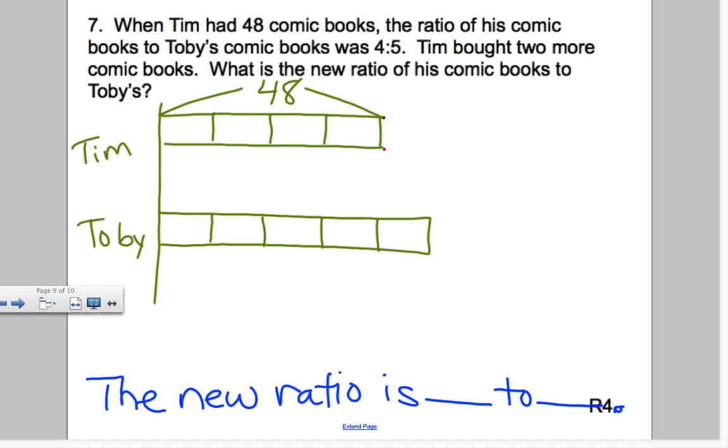All right, what can we do? 48 divided by 4. Yeah, so let's do that first, because otherwise, when we add that 2 onto Tim's bar, it can't be bigger than what these boxes are worth if these boxes are worth more than 2. Are those boxes worth 2? No, so you're going to have to adjust the box.